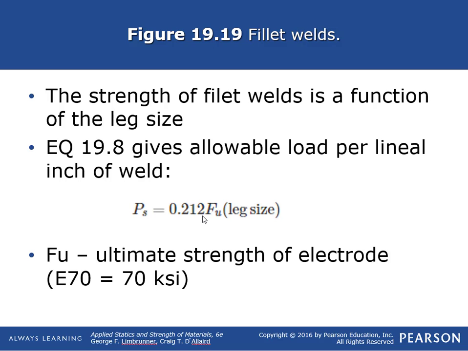They're going through certain strengths of materials, and they're putting factors on there to get to the 0.212. This FU is the ultimate strength of the electrode material. So if the electrode material is designated as an E70, for instance, that material has 70 KSI. So to get the strength of a weld per lineal inch of the weld, equation 19.8 is used: 0.212 times the ultimate strength of the electrode material times the leg size.